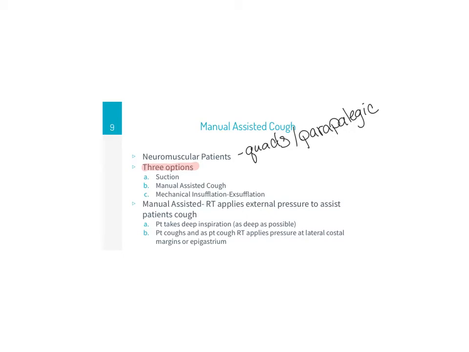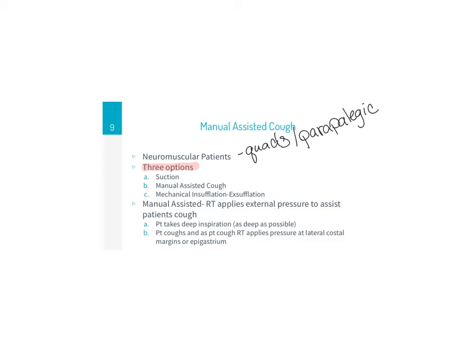With a manual assisted cough, it's us, the RTs, that are going to apply pressure to assist the patient to cough. So the patient's going to take a deep breath in, as big as they can. Remember, it's not going to be as deep as our breaths or as your other patient's breaths. So tell them as deep as they can.